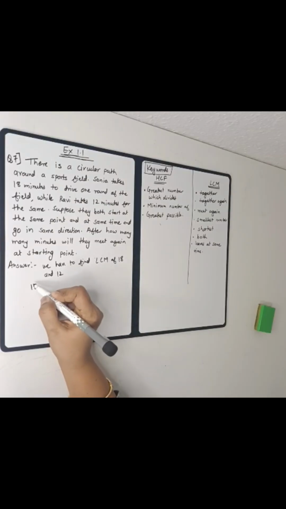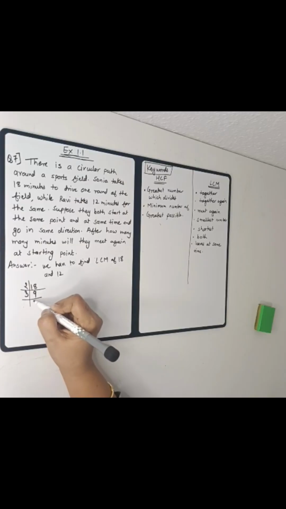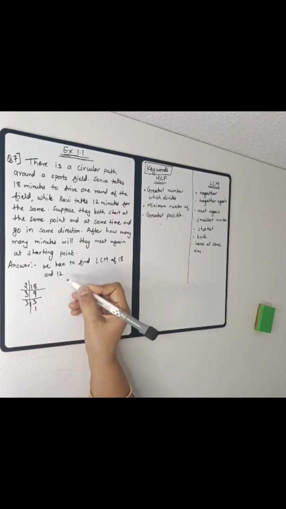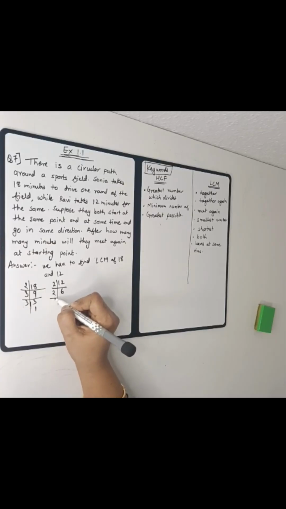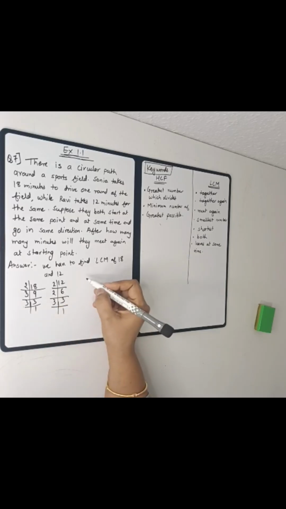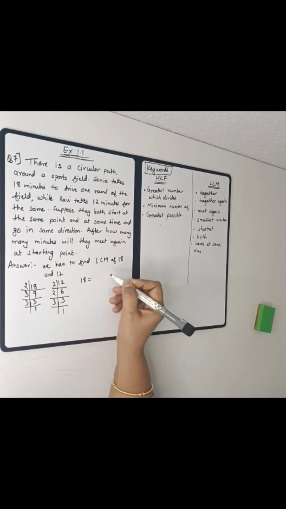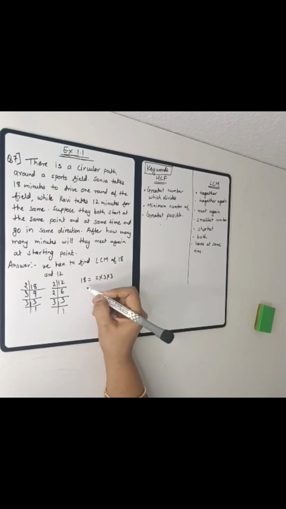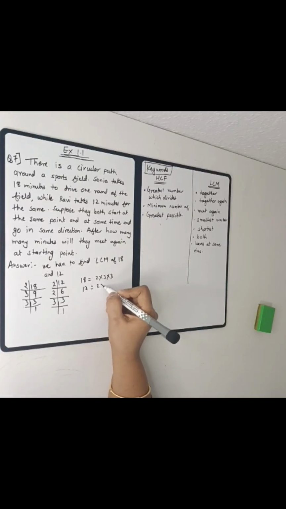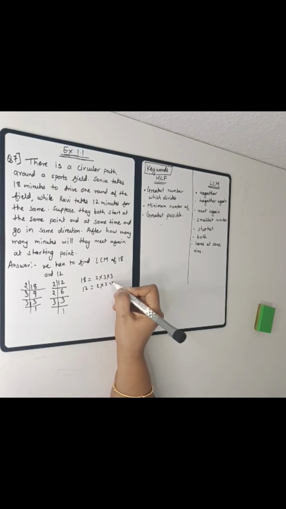So first factorize 18: 2, then 3 threes are 9, then 3, 3, and 1. Then 12: 2, 6, 2, 3, 3 and 1. Okay, so the factors of 18 are 2 into 3 into 3 and the factors of 12 are 2 into 2 into 3.